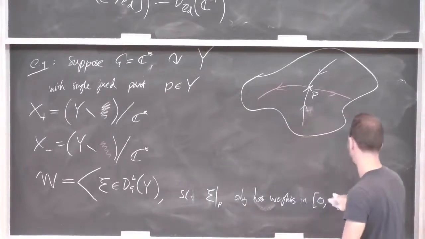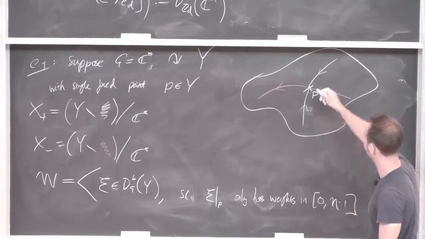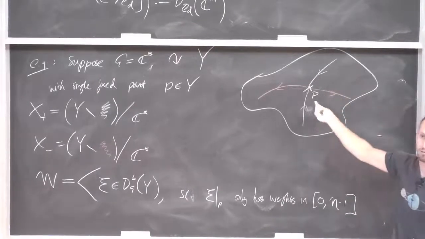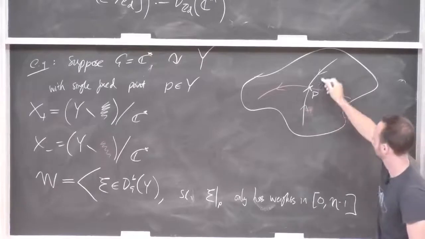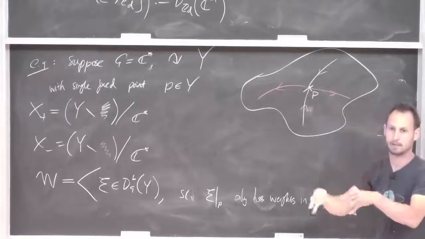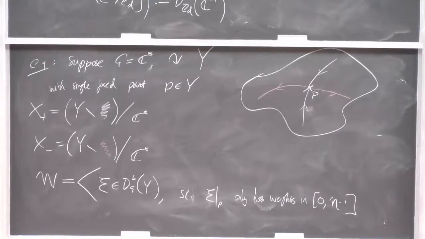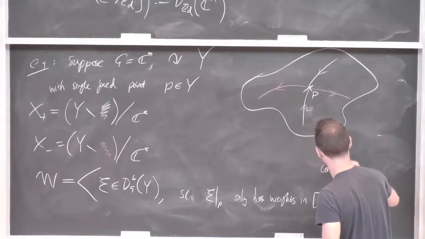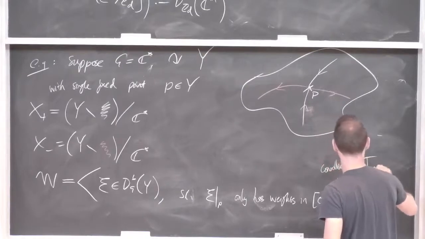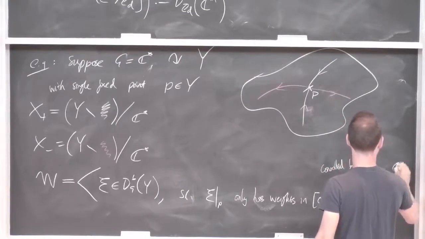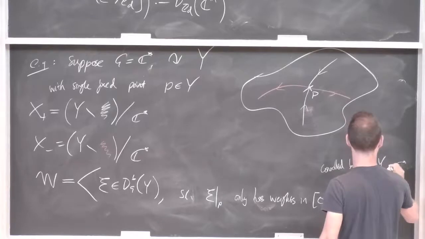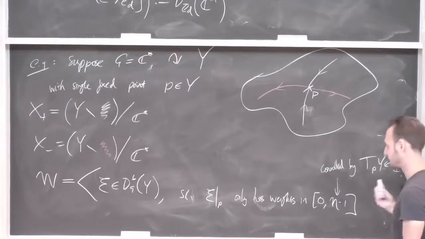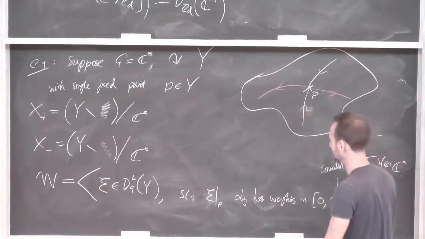The specific number that you're allowed is all to do with how many positive and negative weights there are, which is some statement about the normal bundle to P and how it decomposes as a C star representation. So this number here is controlled by the tangent space to P, the C star action on the tangent space to P. Okay, and that's your grade restriction rule.